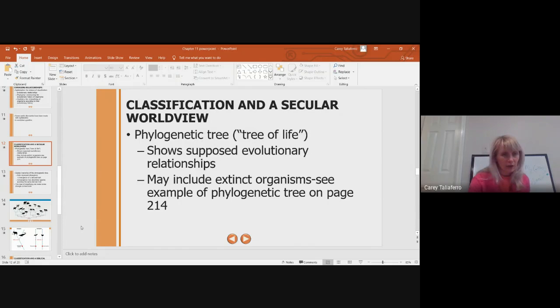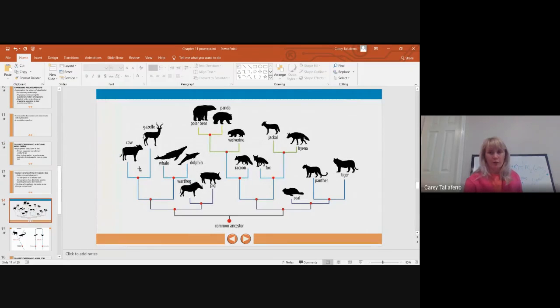So if you look here, you can see the example that's in your book on page 214. Here's a random common ancestor, and from here you get one branch with two posts coming off of it, and then the same thing over here.